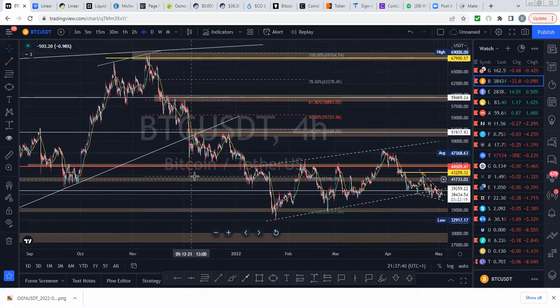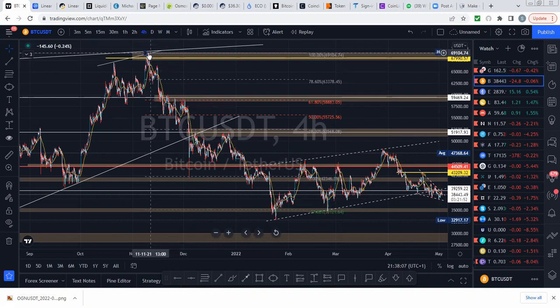From up down here to this place, this is the pullback. Price is on 61.8. This is the first swing that price made here. So you can see that it's on top of 61.8.